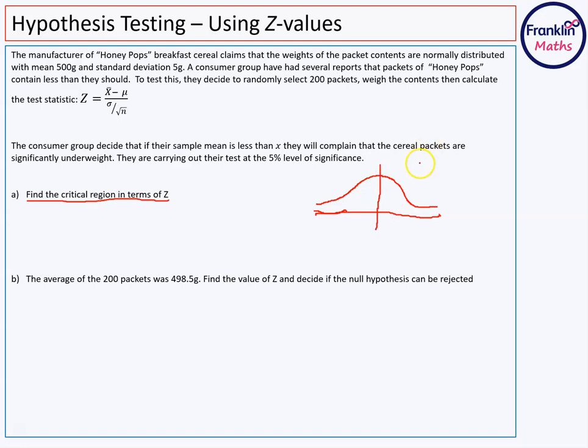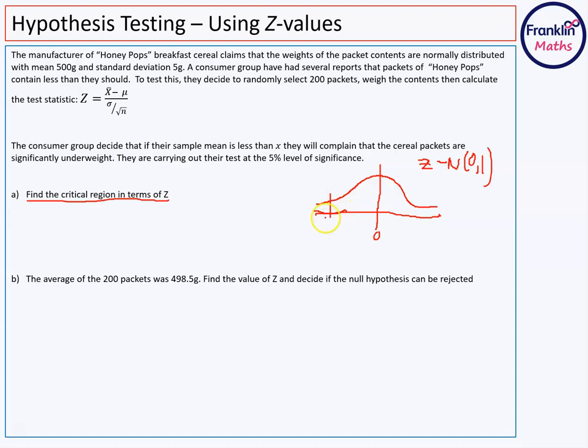Okay, now we're using the Z, so Z tilde N(0, 1). So here's 0. Now the critical region in terms of Z, we just need to look at anything in the question. So they're using the 5% level. Don't worry about that bit of the question there, I've copied it, that's all.